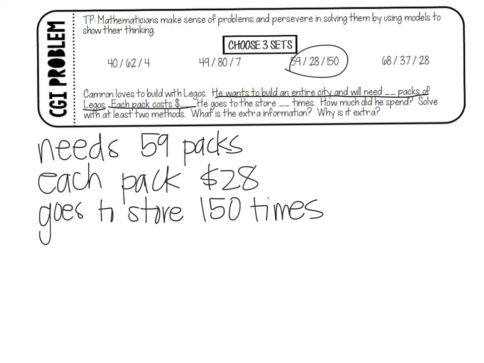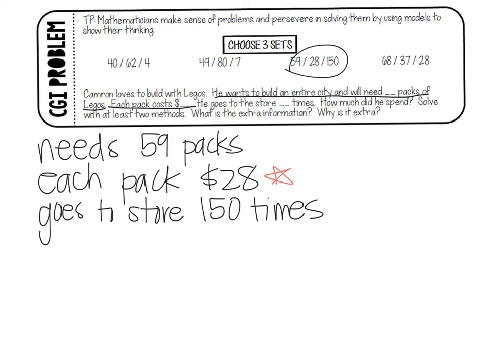So $28, I'm going to keep that piece of information because that's going to be important for me. Now, one of these pieces of information, the 59 or the 150, I don't need to solve this problem. Which one do I not need to solve the problem?